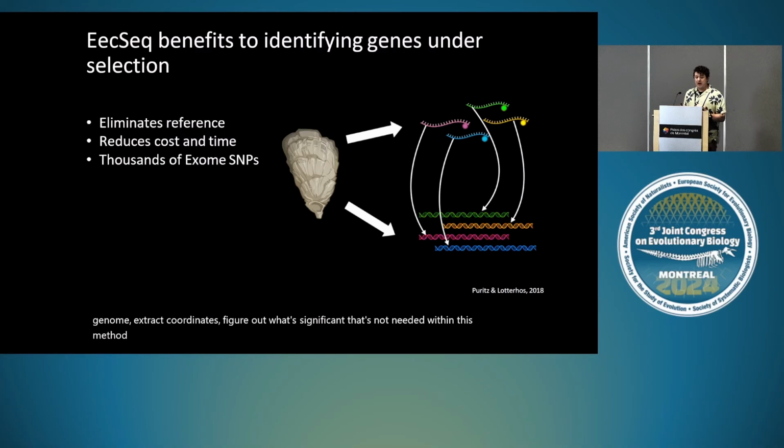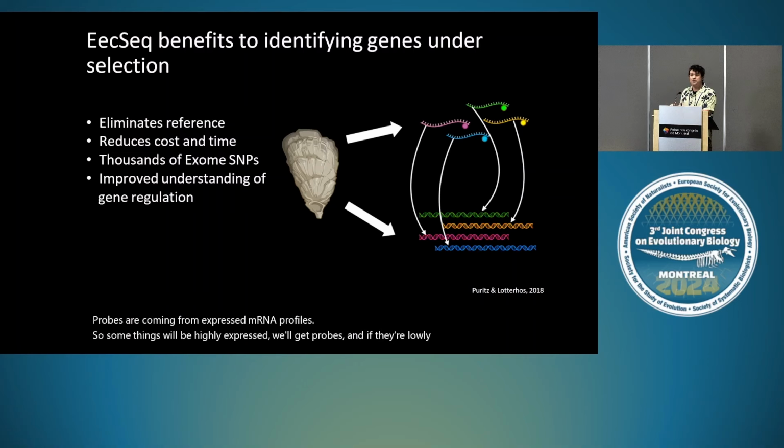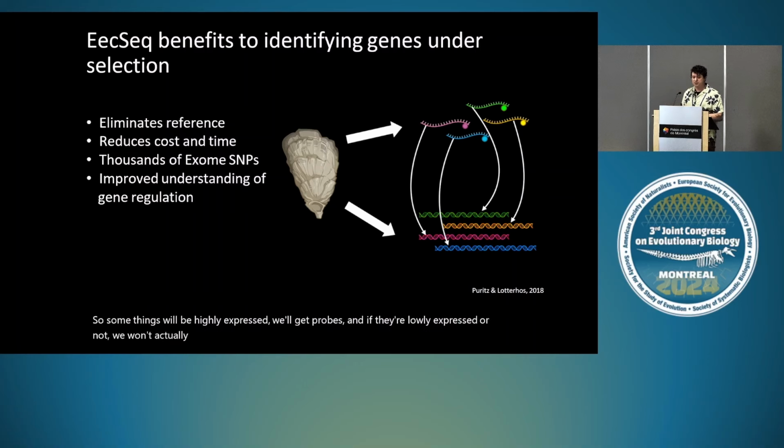It can produce thousands of exome SNPs that are situated in exons or near and within genes, so we know that they're in some way or shape significant. And it can give us improved understanding of gene regulation, because these probes are coming from expressed mRNA profiles. Some things will be highly expressed, so we'll get probes, and if they're lowly expressed or not, we won't be sequencing those regions.